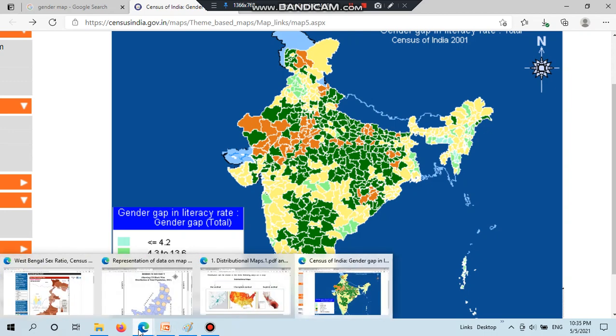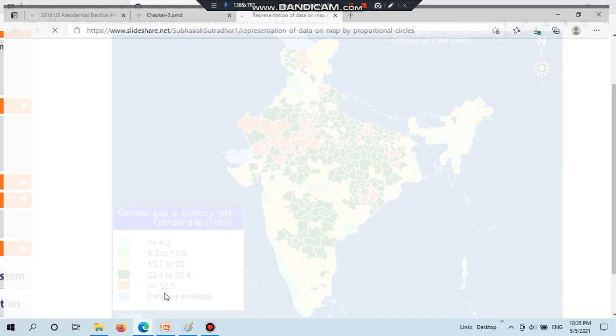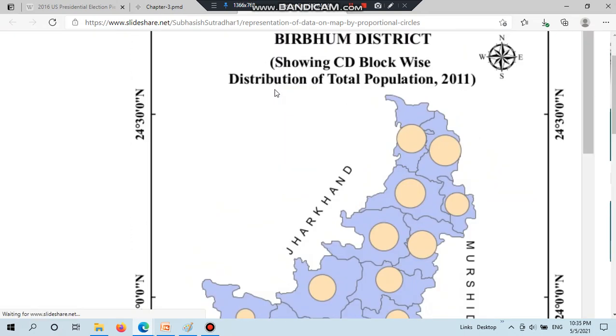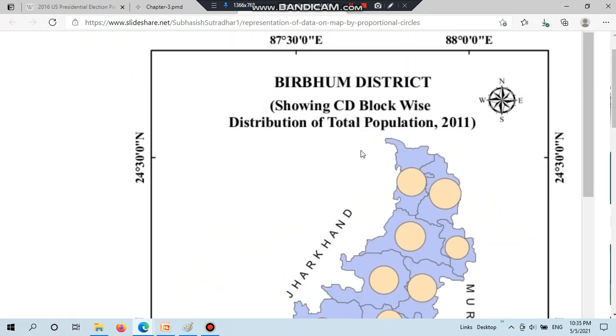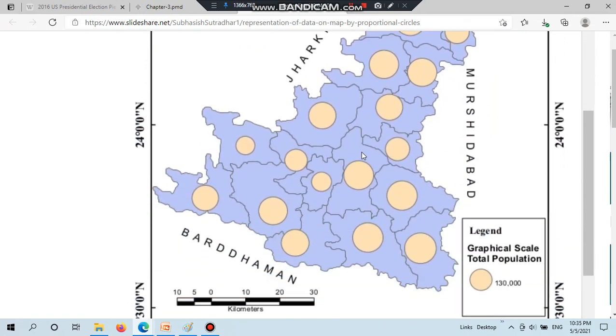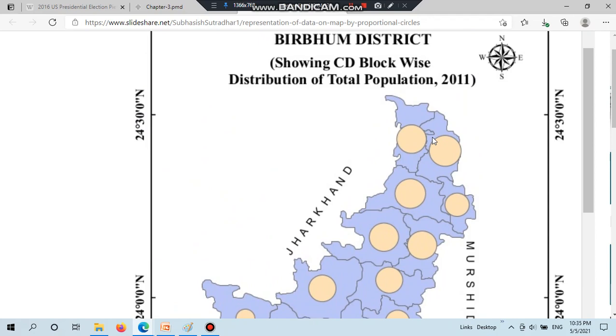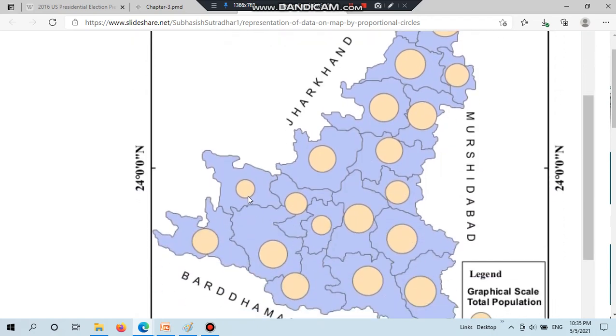And the third one is the proportional circle. Suppose this map shows the proportional circle of the total population of Birbhum district. Suppose this circle is a big one. That means this block contains a larger population than this one and this one.